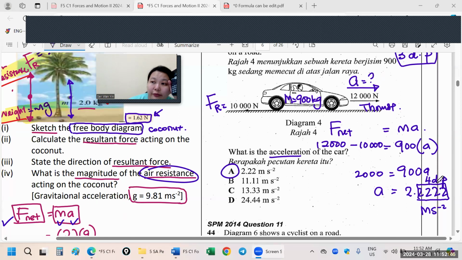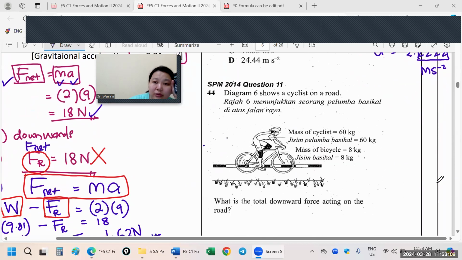If you don't use more decimal places, the answer seems totally different. So we use 4, play safe.